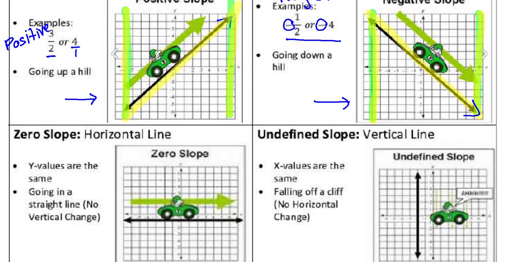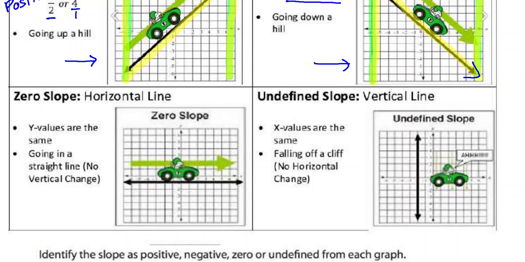Now we also have two other kinds of slope. We have a flat slope, which is a zero slope. It is a horizontal line. So all the y values are going to be the same because all the y values are the same on the coordinate plane. It goes in a straight line and there's no vertical change. So this is what we refer to as a HOI.